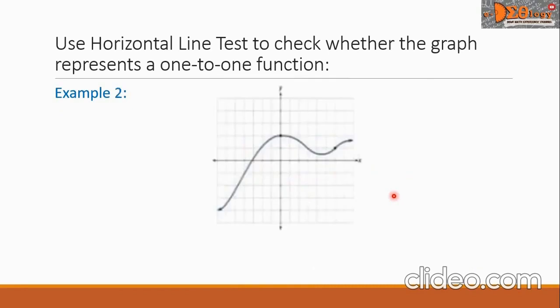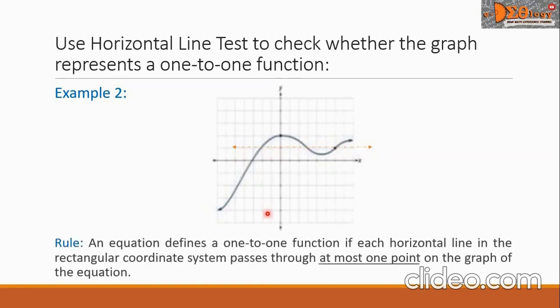Let's have example 2. Again, let us use horizontal line test to check whether this graph represents a one-to-one function. Let us draw a horizontal line anywhere on the graph. So this is the horizontal line, and we can see that it touches the graph in 3 points.